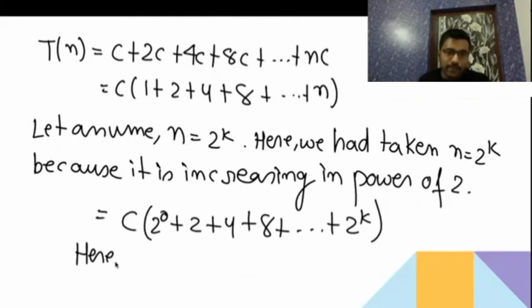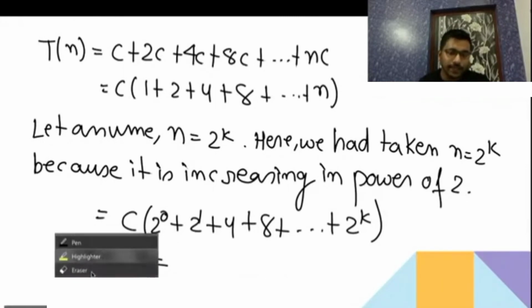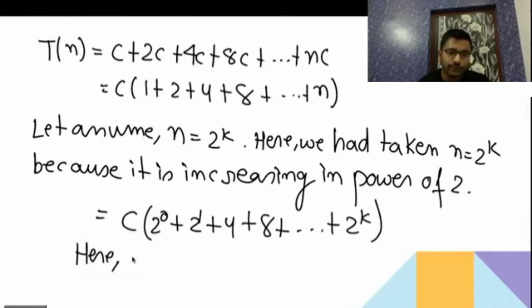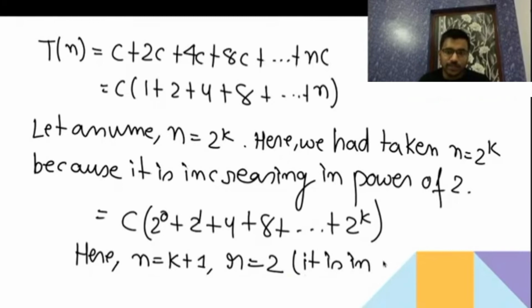Here the number of terms is k plus 1, because it is 2 to the 0, 2 to the 1, 2 to the 2, up to k, and 0 adds one. So the number of terms is k plus 1, and the common ratio r is equal to 2. So you can write in a bracket, it is in GP. Understood? If you are done with the writing, then please let me know.